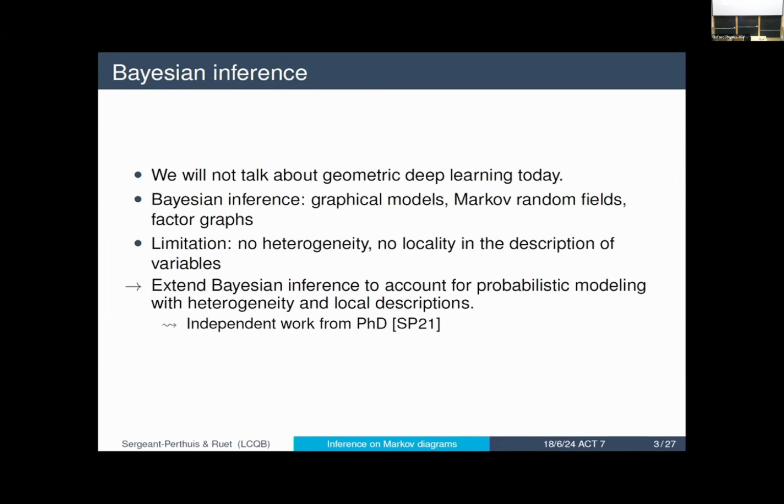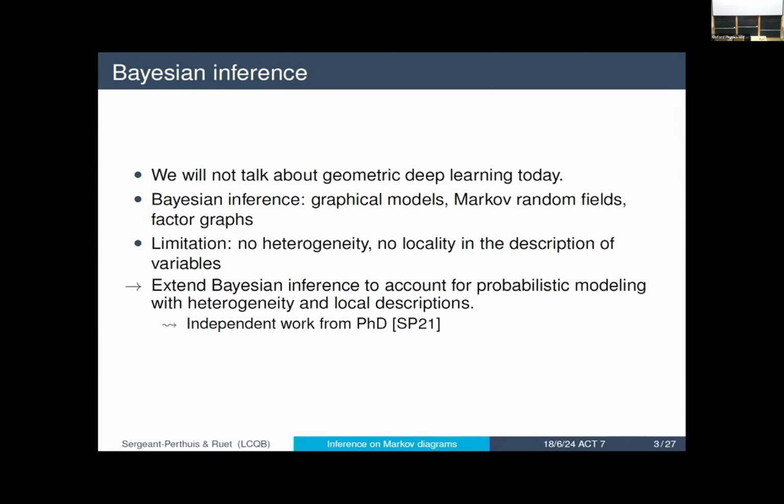You can go to higher dependencies like Markov random fields, where you describe the dependencies not through couples of variables but through collections of variables, through the Markov property, or through factor graphs, which I will present. The first part of my talk will be dedicated to presenting this and the tools to do inference on these objects.